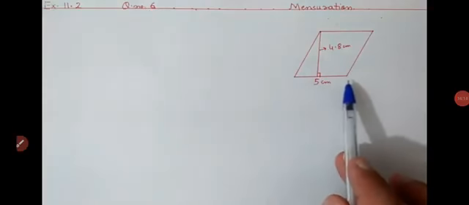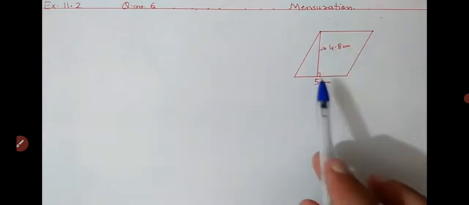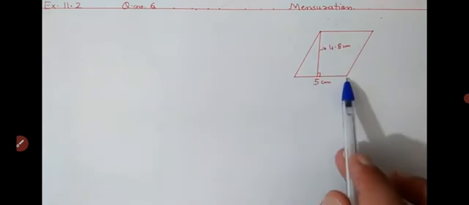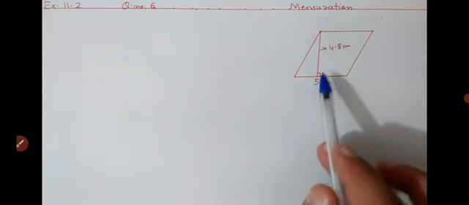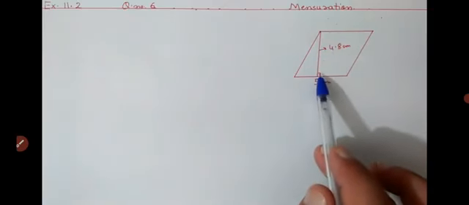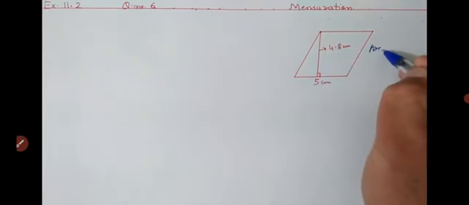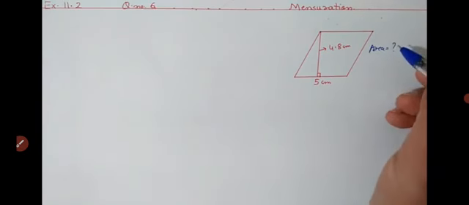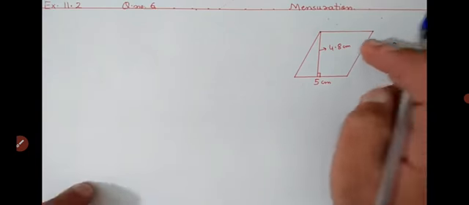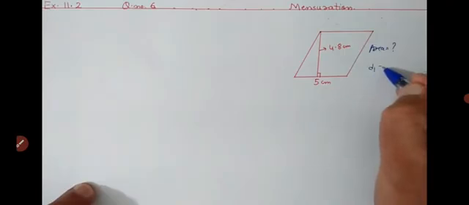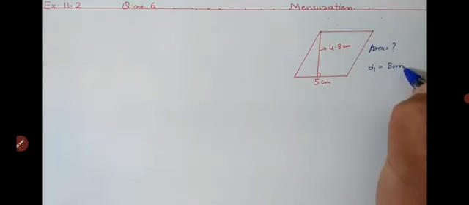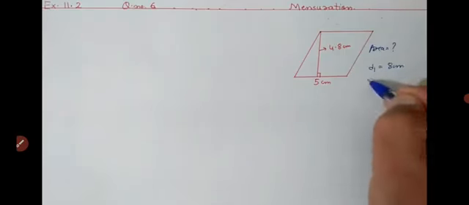Now let's read question number 6. Find the area of a rhombus whose side is 5 centimeter and whose altitude is 4.8 centimeter. Here diagonal is not given, only side is given. If one of the diagonals is 8 centimeter long, find the length of the other diagonal. Okay, so d1 is given, 8 centimeter, and we have to find d2.